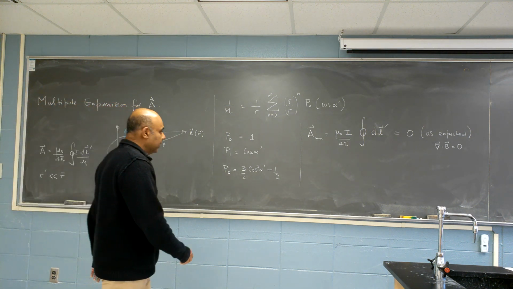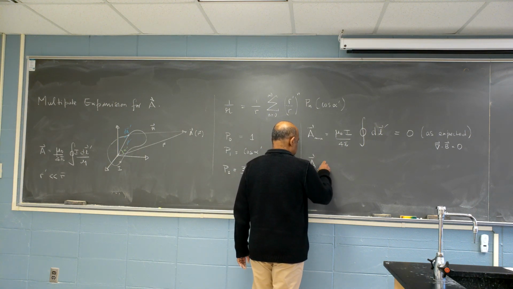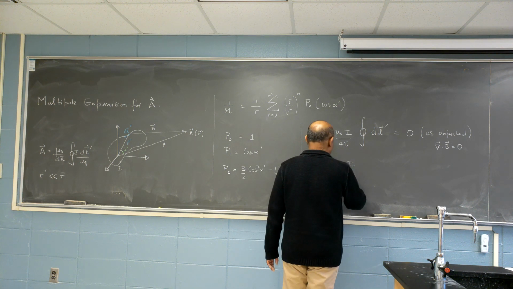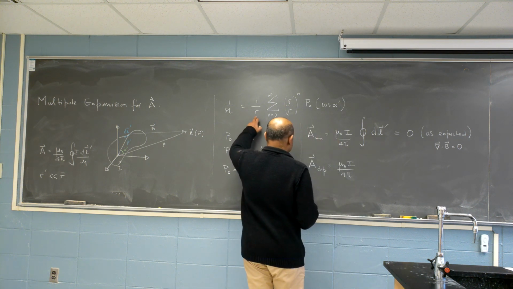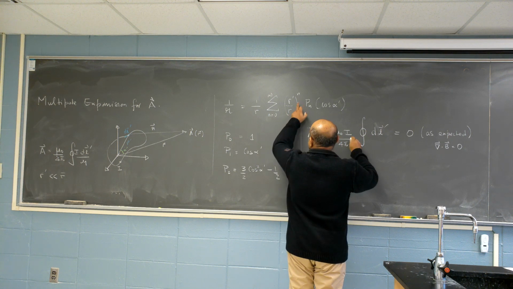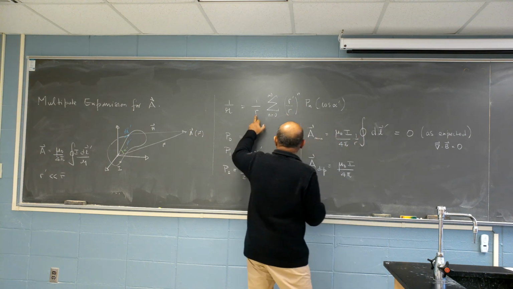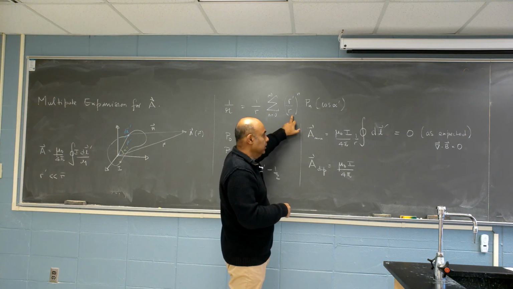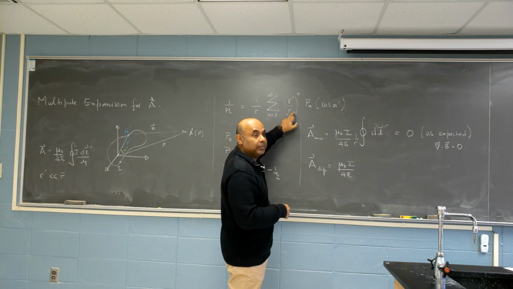So let's compute the dipole term. Mu 0 I over 4 pi. There's this 1 over R, because when n is 0, you still get 1 over R. Just recall from last time, if R prime is to the n, R is to the n plus 1.